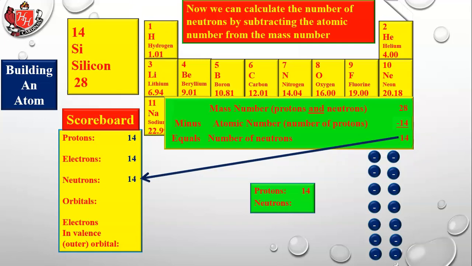And there we have 14 neutrons. We can also fill in our diagram of neutrons, and that's 14 as well. So now we have our nucleus completed. If I were going to actually diagram that, it would be 14 plus circles, which are protons, and 14 equal sign circles, which are neutrons, but we're just keeping it simple, we're just writing the numbers there.